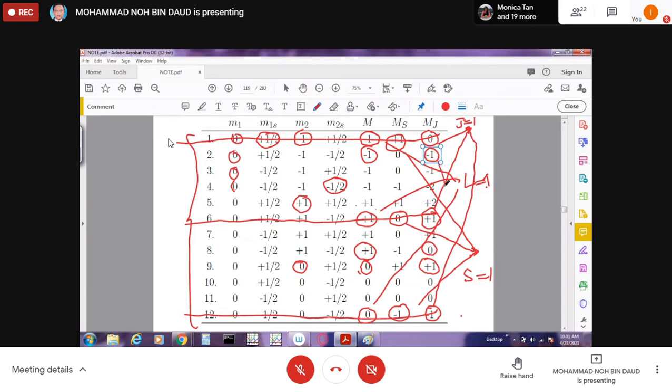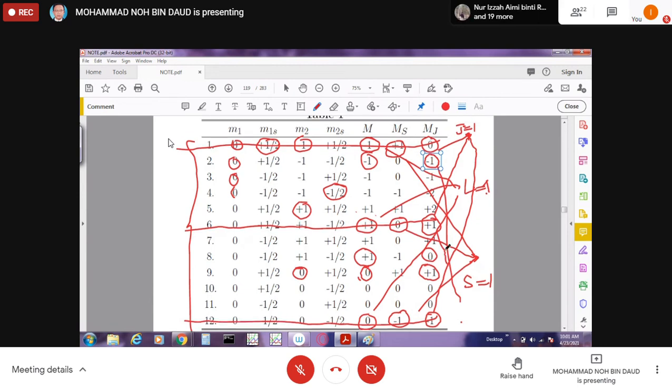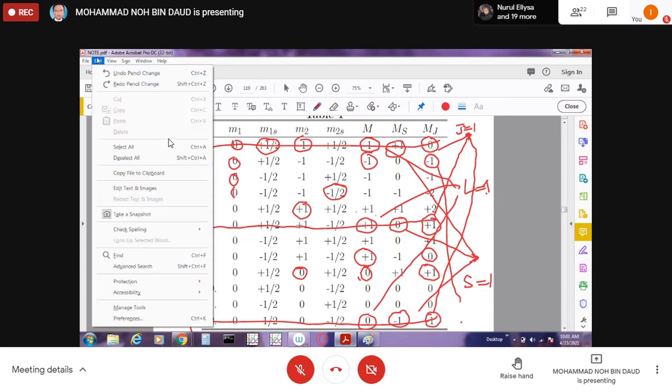So all this zero, negative, positive 1, negative. Sorry. Bit messy here.